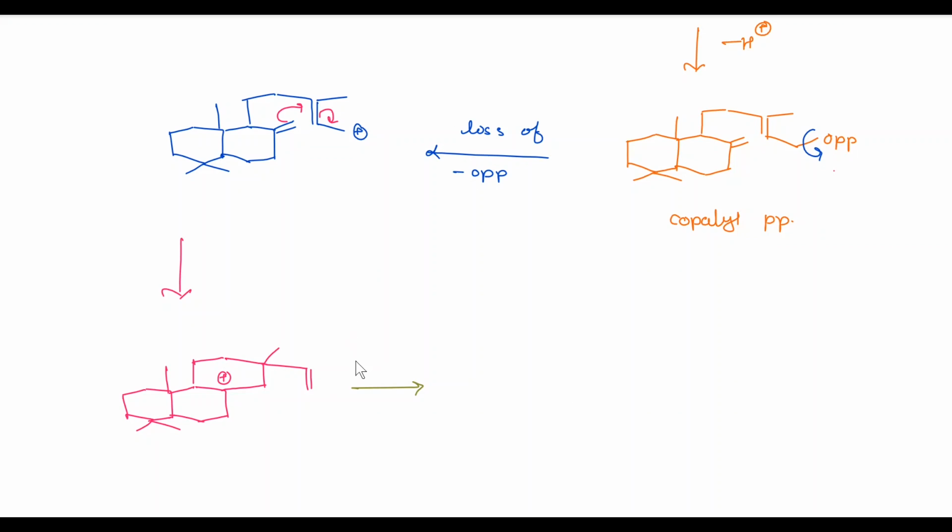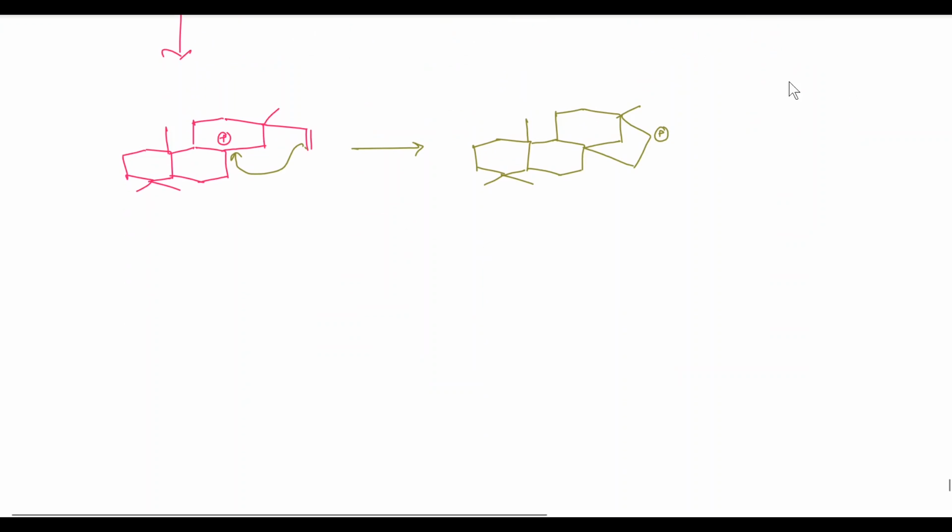In the next step, cyclization of this alkene onto this carbocation produces a new secondary cation. In the next step, a Wagner-Meerwein 1,2 alkyl shift takes place on this electron deficient carbon atom, and a new cation forms.